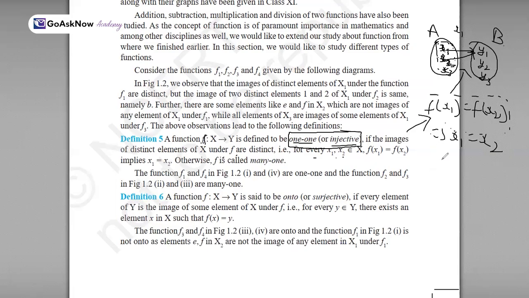It means that each element of x1, x2, x3 is related to only one element of B, like y1, y2, y3. Each element of A is related to one element, and each element of B is related to a different element. No two elements are related to the same one; x2 is not related to y1. Otherwise it is not a one-one function.